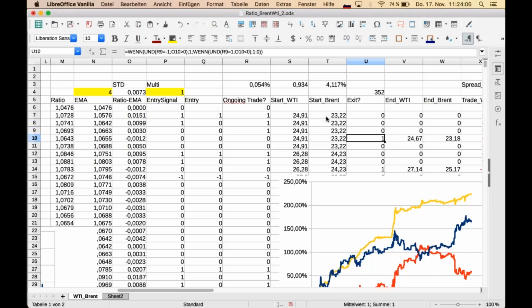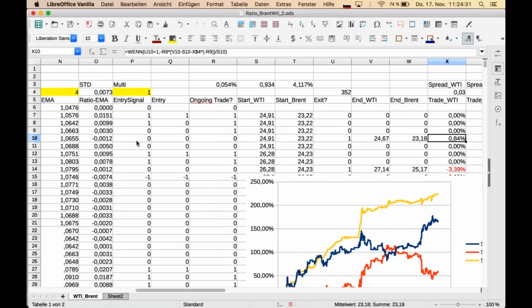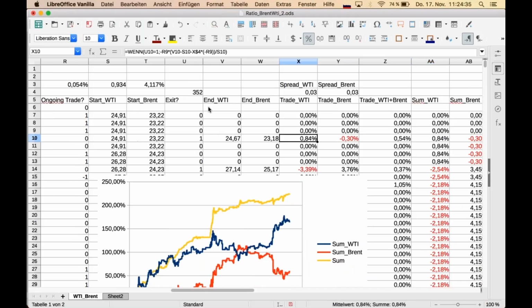The exit is always done when, look here, we opened our trade at a very high plus value of this ratio minus EMA, and in the moment this goes to the negative, we interpret it as being back to normal, and then we stop that trade. Okay, so that was already done.